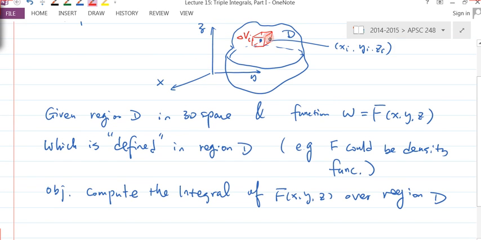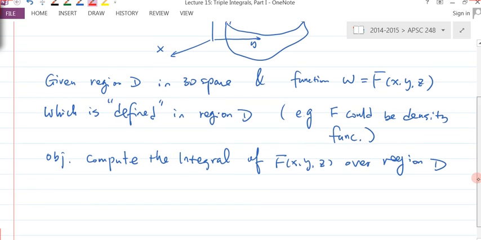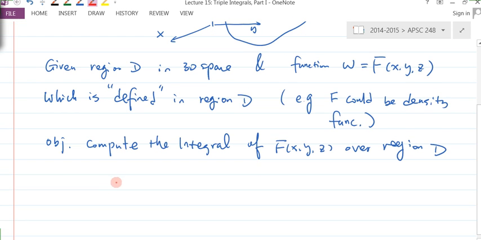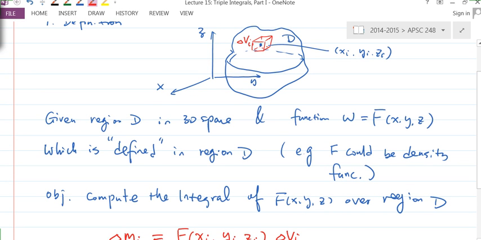Assuming that the density within this small box is a constant, the density at this location is capital F of xi, yi, zi, then the little mass, the delta mass of that small box, is the density times the volume. So that's the mass of this small box.